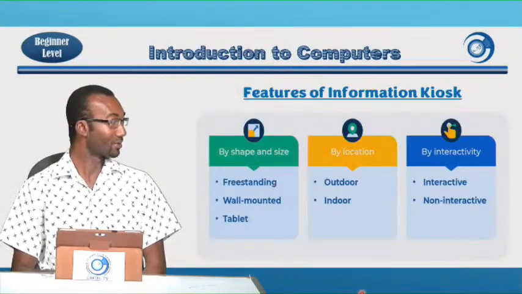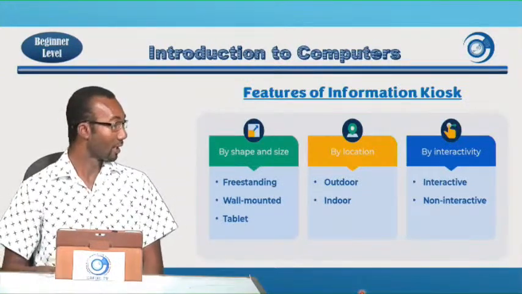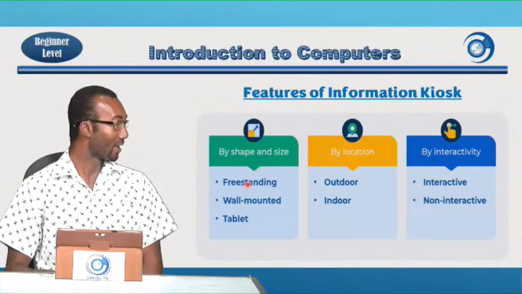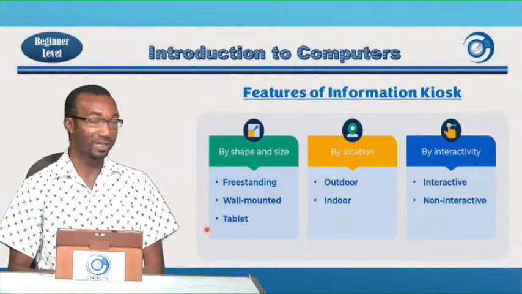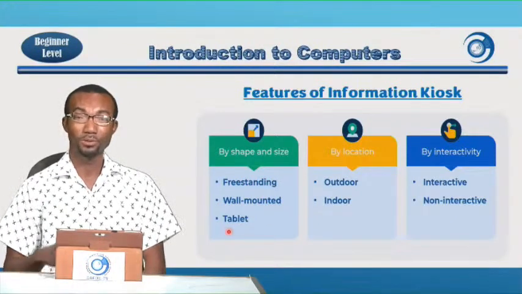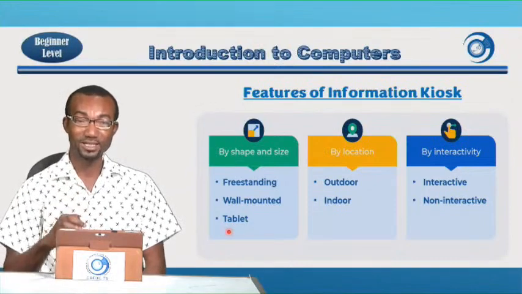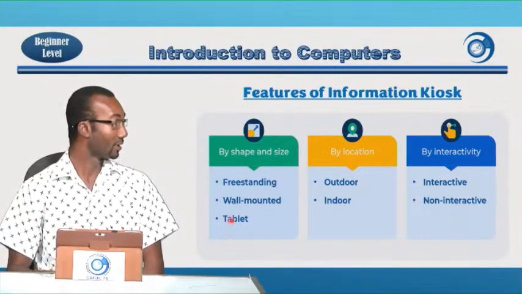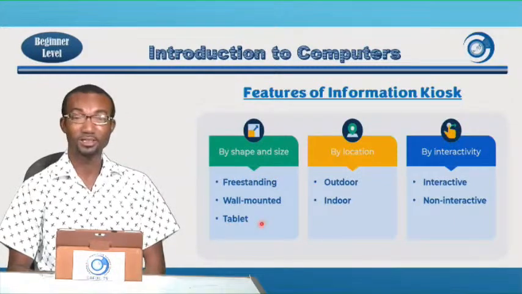Let's look at more features of information kiosks. By their shape and size, we have freestanding, wall-mounted, and then tablet. So when we talk about an information kiosk as an example of a stationary personal computer, by shape and size we have freestanding, wall-mounted, then tablet.